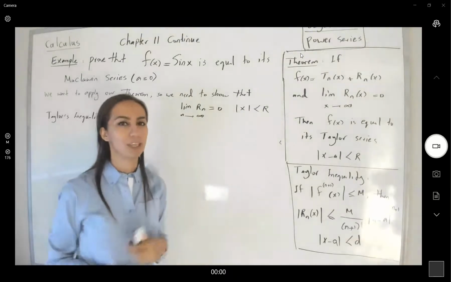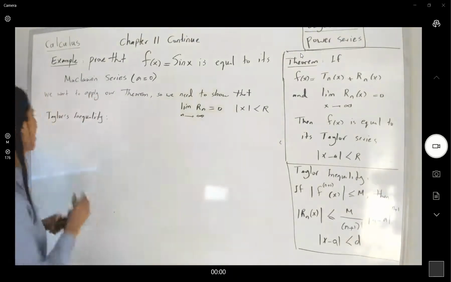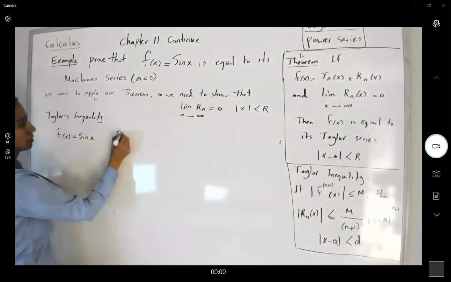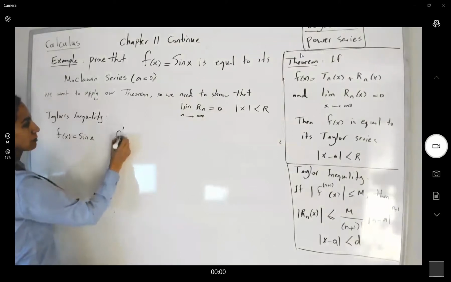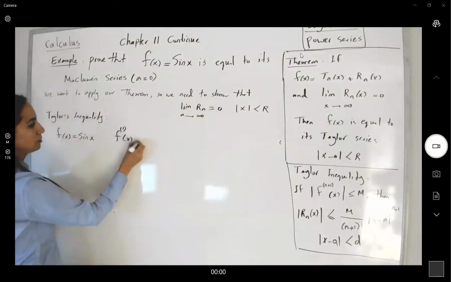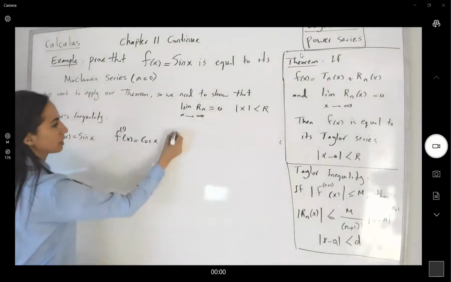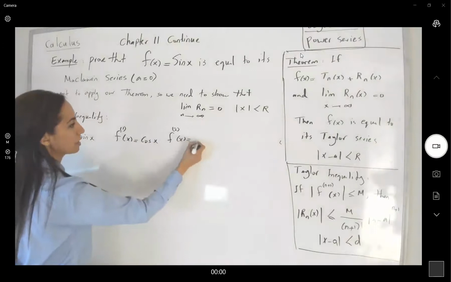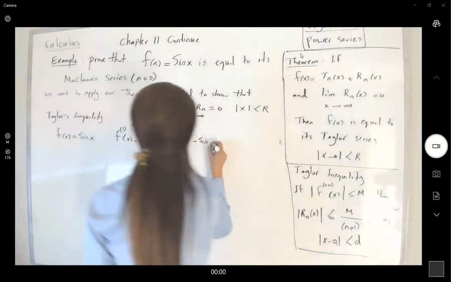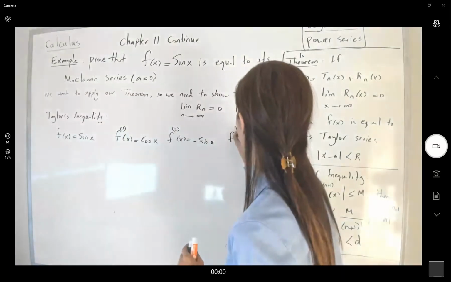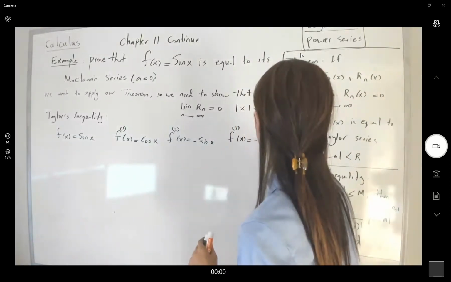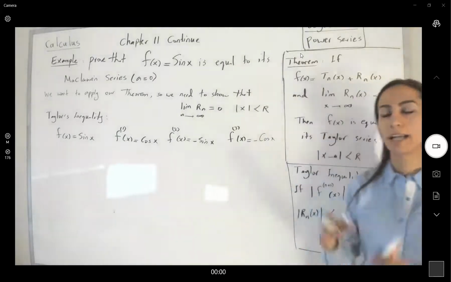It's so obvious. We already know the behavior of the sine function. f of x is equal to sine x. The first derivative of this function is cosine. The second derivative is negative sine. The third derivative is negative cosine, and so on. So it oscillates between sine and cosine.